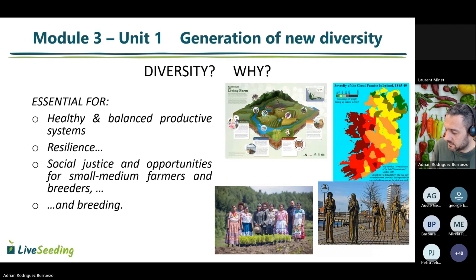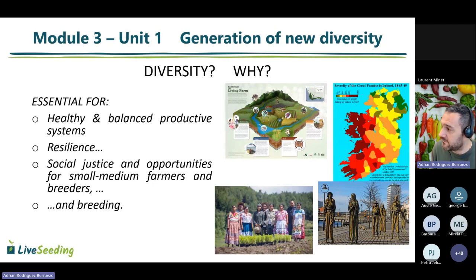I mean, the healthier in terms of diversity our productive systems are, the more diverse in terms of growing varieties, or even diversity within the variety grown at this moment, the more resilient is our productive system and our agri-food system, because everything starts from what we are growing to feed the world, to feed the animals and to feed the humans.